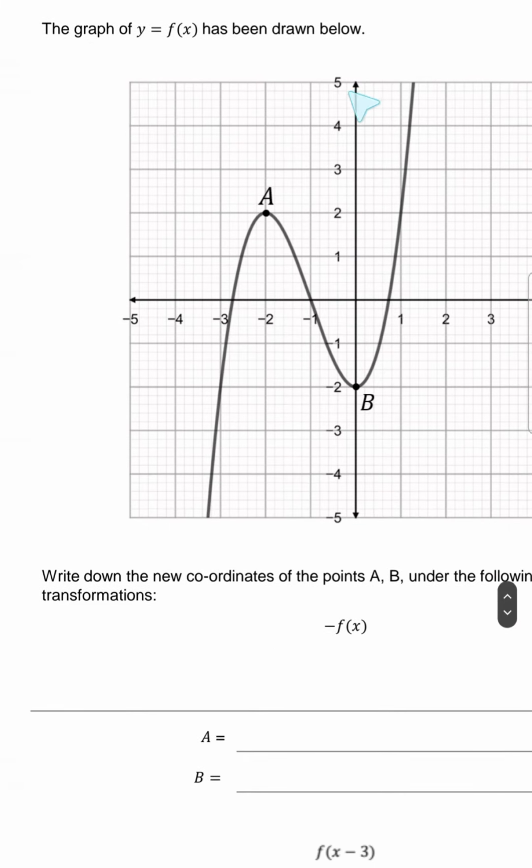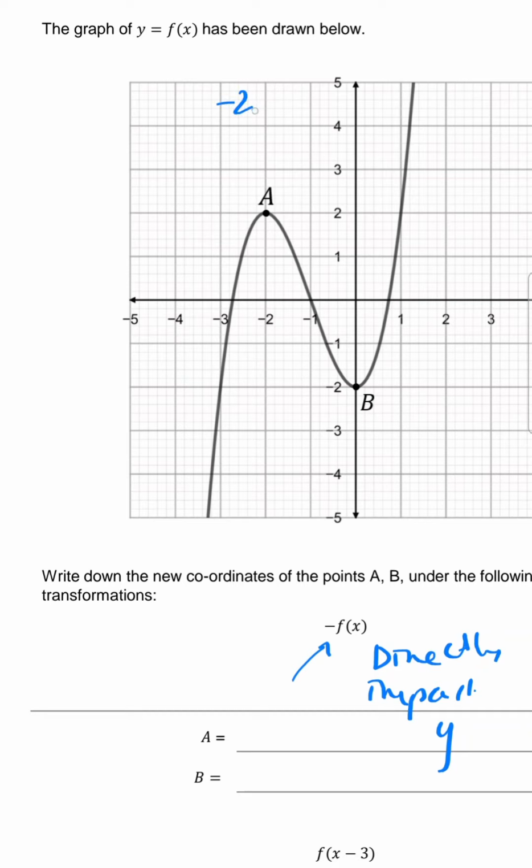It's the same one more time. So they're asking us for the minus. So if we look here, it's on the outside. So therefore, it directly impacts y. Okay, so if that is minus 2, 2, that's your x, that's your y. So directly impacts y, so y becomes negative now, so minus 2, that's going to be there.